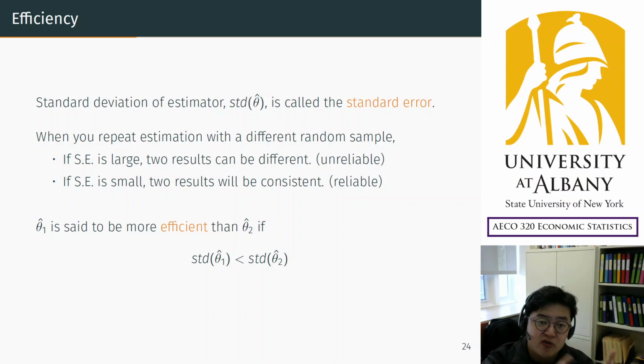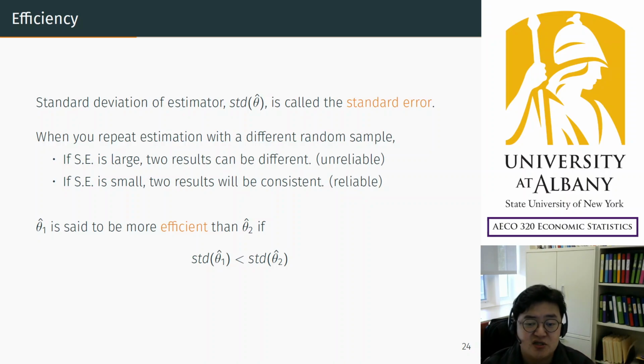That is another observation. If you repeat that, and the realizations of the estimator are variable, spread out too much, then your estimator is unreliable. But if the results are close to each other, then you can believe that the truth will be close to where those estimates are. So then you can think that the estimator is reliable.